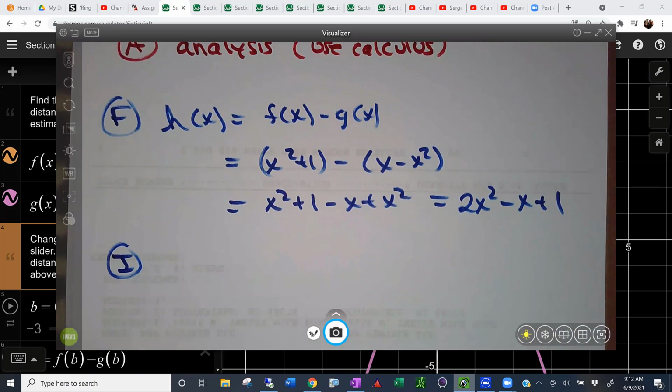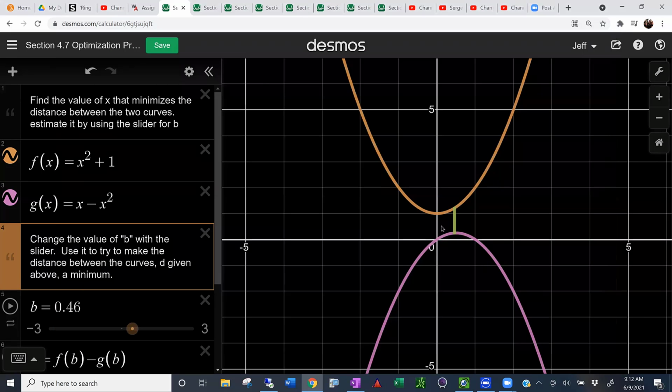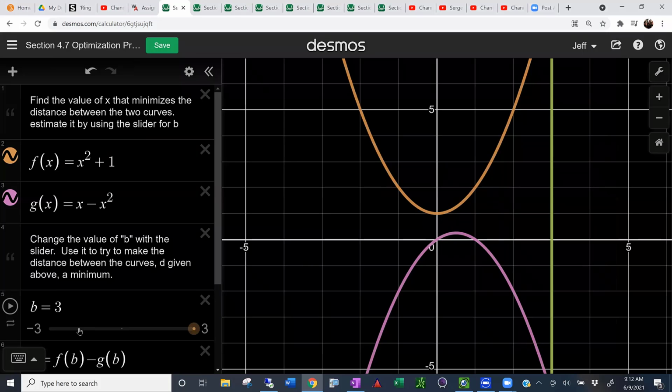Now in this problem, there's no natural limits to our problem. You could try and pick any value of x. Now for purposes of creating this little Desmos demonstration, I limited the values of x to -3 to 3, but that's artificial. I just didn't see that you're going to find a minimum value out past either of these.